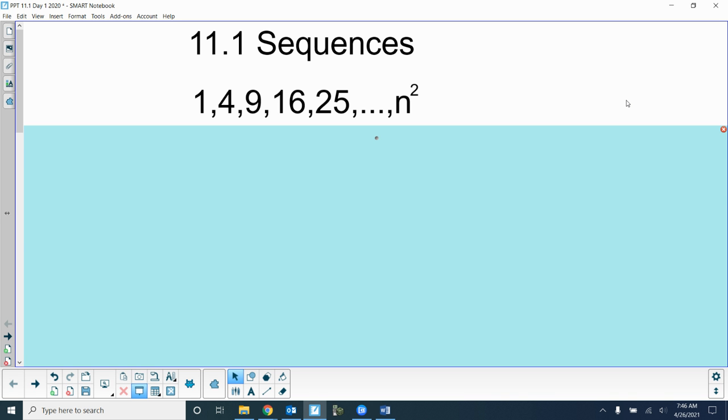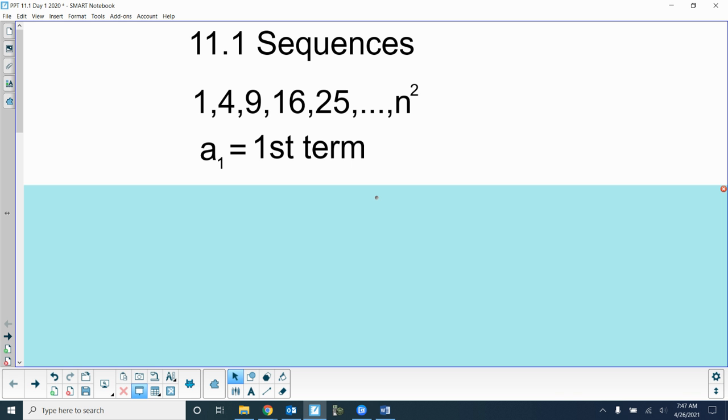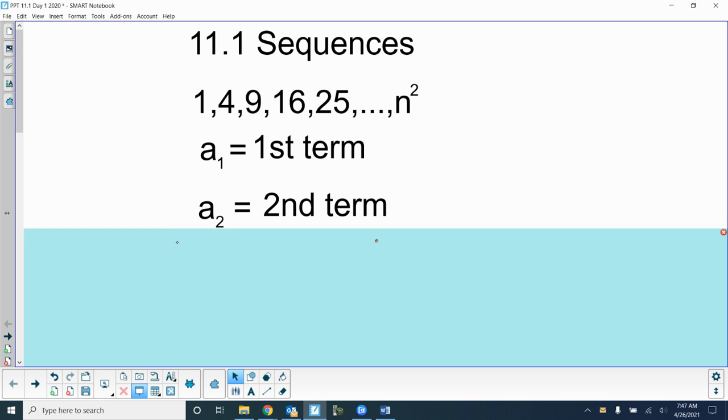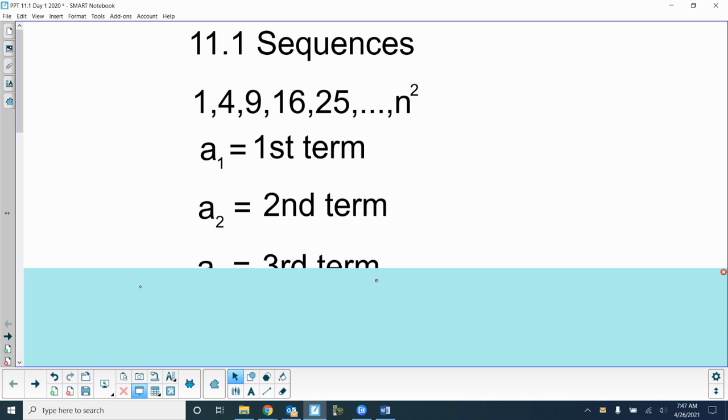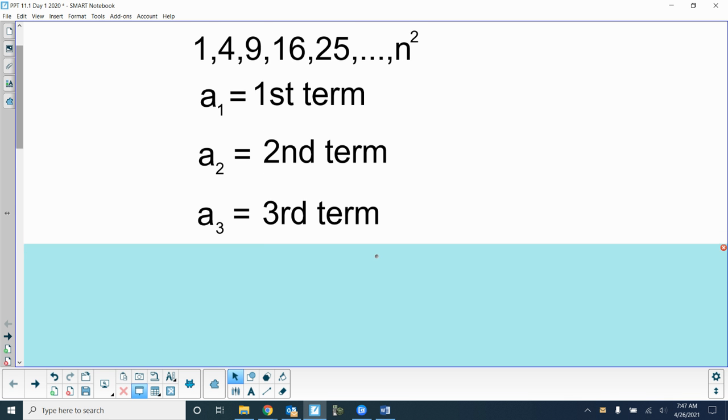There's a way we represent terms. We use subscripts. So a sub 1 means the first term. They use a for terms in sequences. Then a sub 2, the subscript of 2, means you're looking for the second term. A sub 3, the third term.